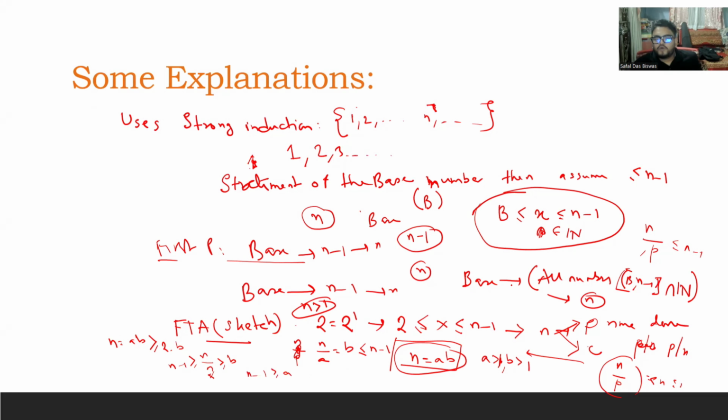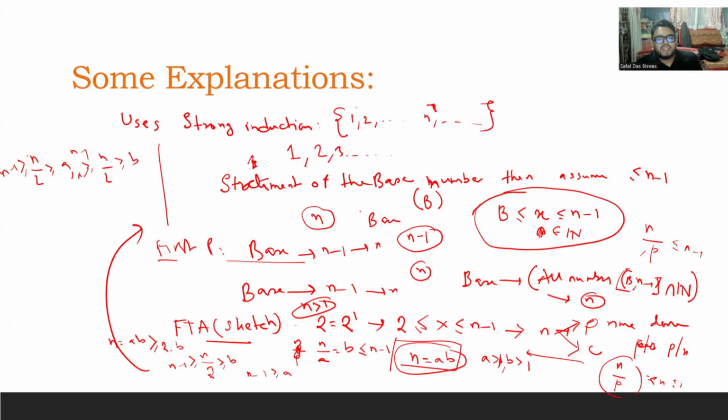So what we have proved is that n by 2 is greater than or equal to a, and n by 2 is greater than or equal to b, right? Now for a and b, the problem is true. Why? Because a is less than or equal to n minus 1, and b is less than or equal to n minus 1, right?